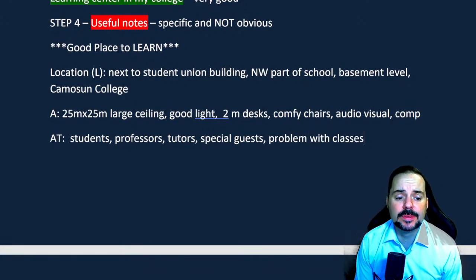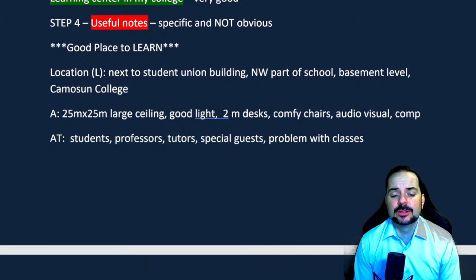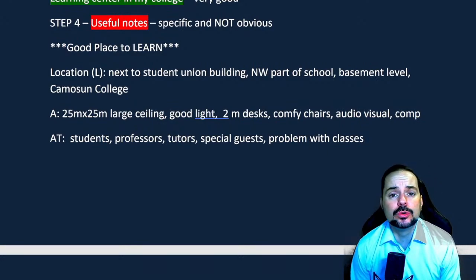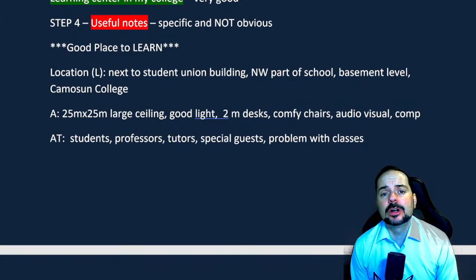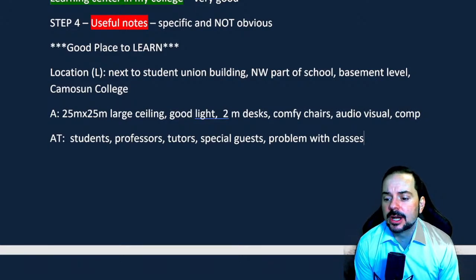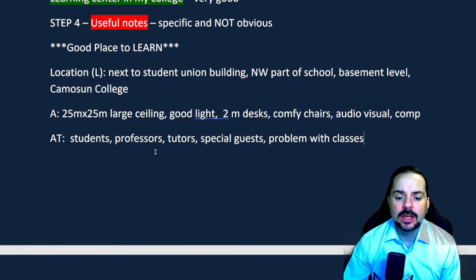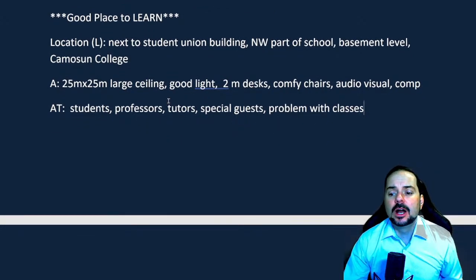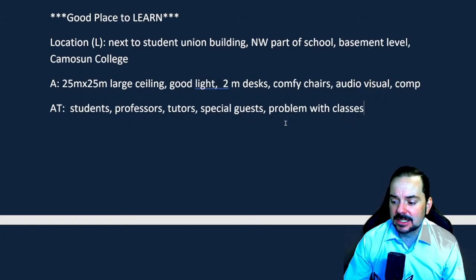You'll see why I wrote that in a bit when we get into the speaking. Often the students who go to the study center are obviously students who are having trouble in some of their classes and need some extra help. So you've got students, professors, tutors, maybe some special guests, and then a problem with classes.